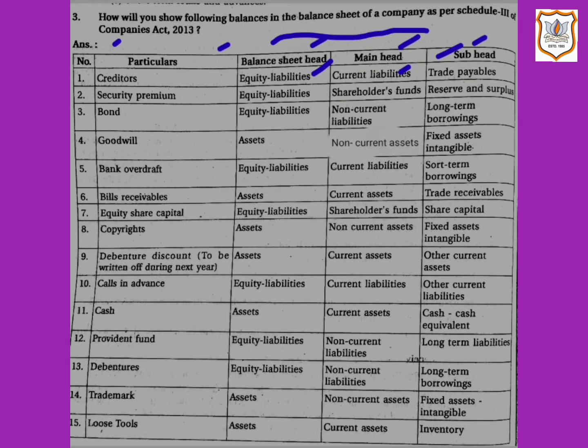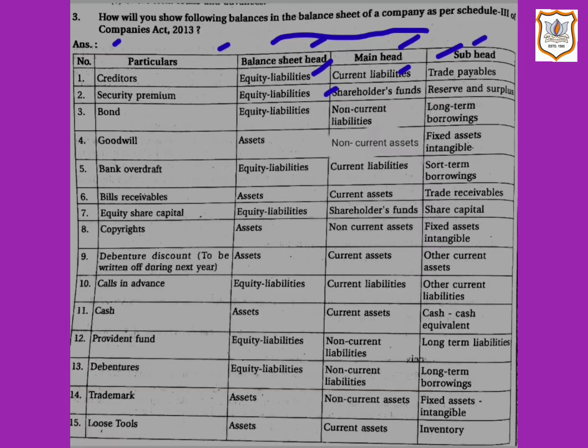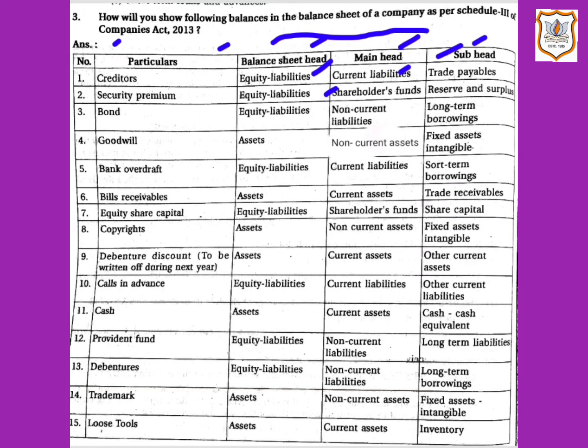Now let us see second item, that is security premium. In the balance sheet it will appear on the equity and liability side under the main head shareholders funds and subhead reserve and surplus.